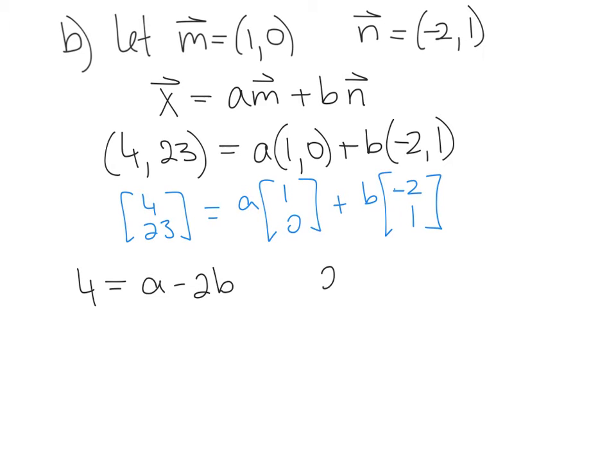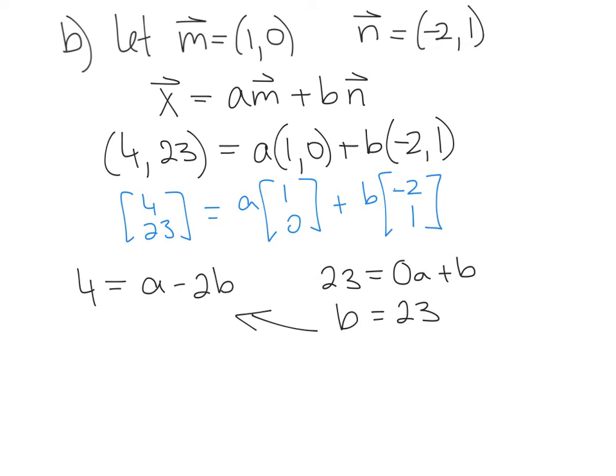On the other side, 23 is equal to, I guess, 0a plus b. Obviously, I want to start on this side because b is equal to 23. It's pretty simple. We could just take that, sub it into here.